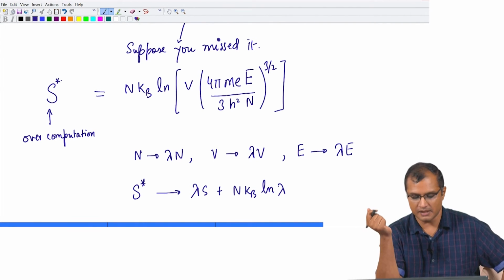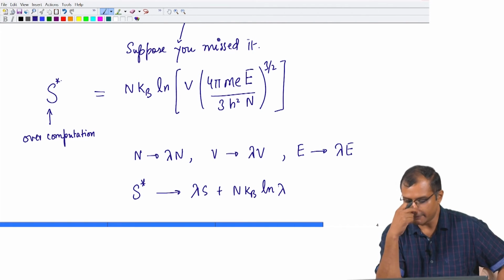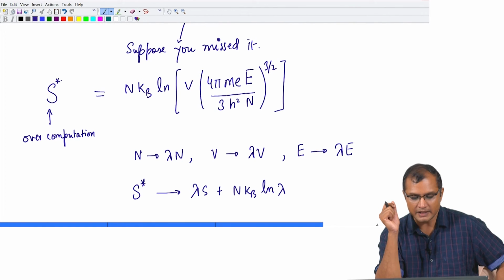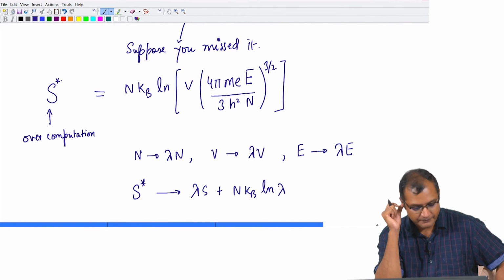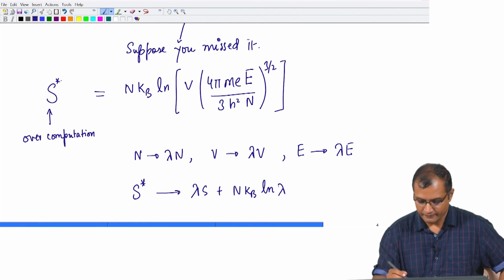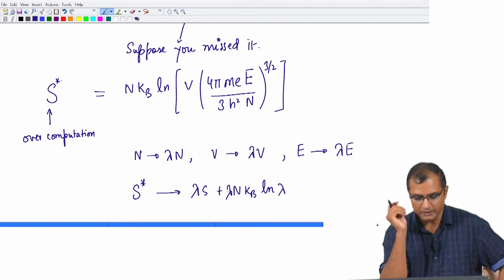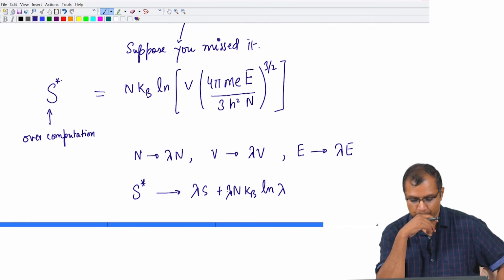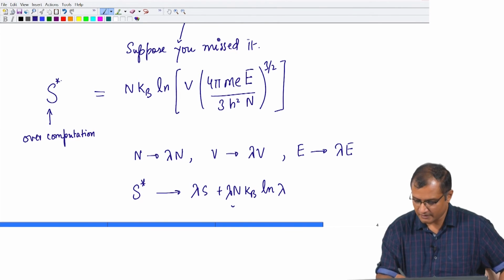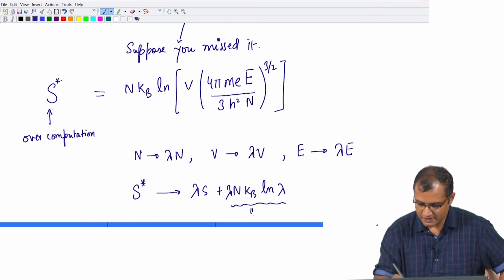E by N remains E by N because they both scaled by lambda, and V scaled by lambda V. So, I get lambda N k_B ln lambda, and the rest is just lambda into S. This extra factor should have been 0 if entropy was extensive, but it is not 0.